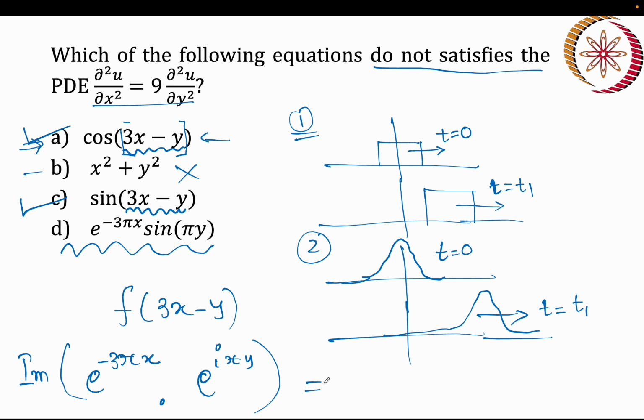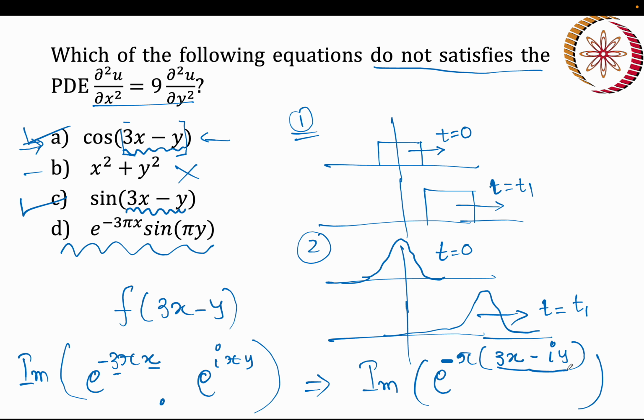So what we can write here is the imaginary part of e raised to, let's say, minus pi out of the bracket, so what is left is 3x minus iy.